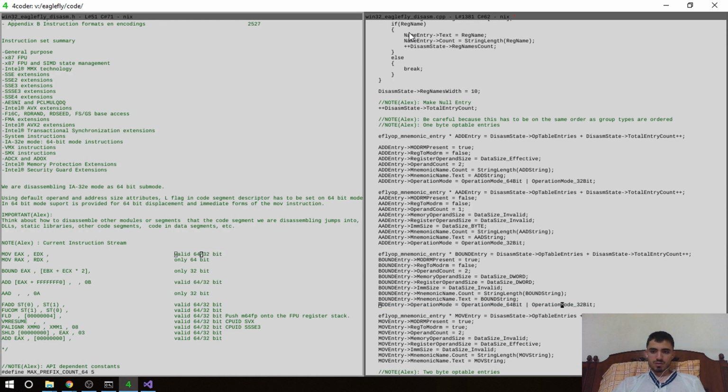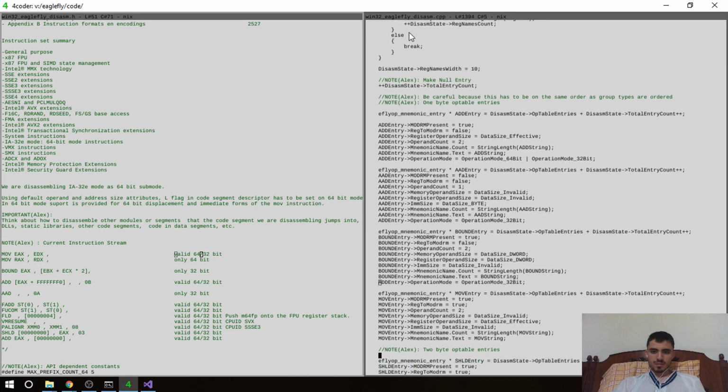It's only 32 as well. This is the move, which is both, I guess. This is the problem. This is where I was like, well, we can keep it like this because it's valid on both.